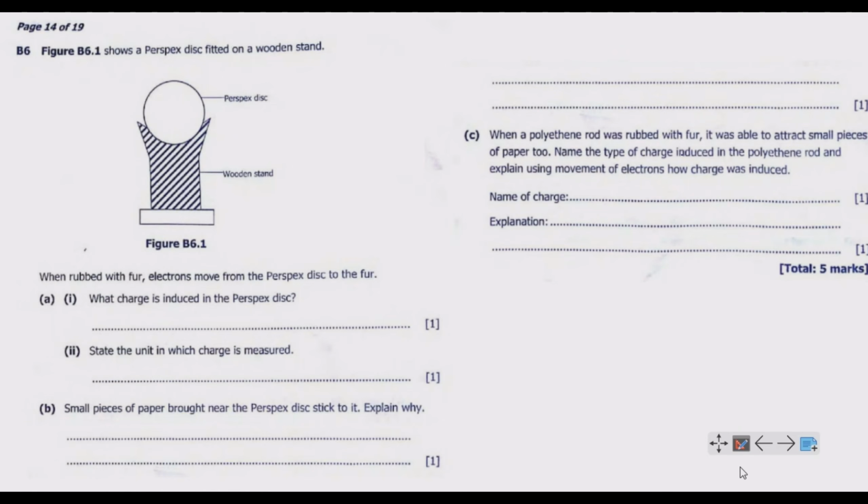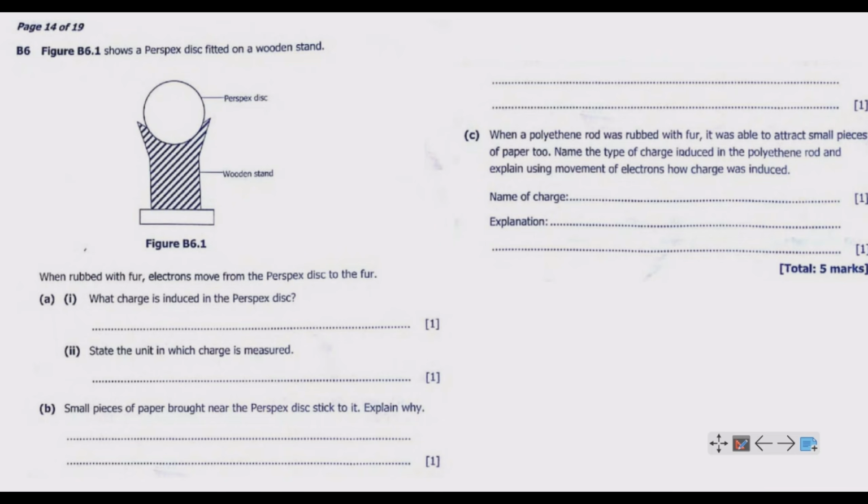Let us look at question B6. Figure B6.1 shows a perspex disc fitted on a wooden stand. When rubbed with air, electrons move from the perspex disc to the air. What charge is induced in the perspex disc?